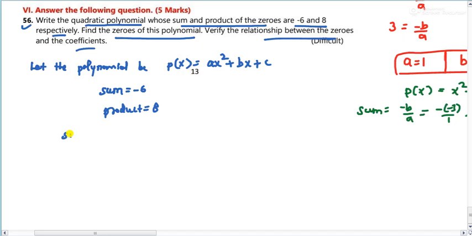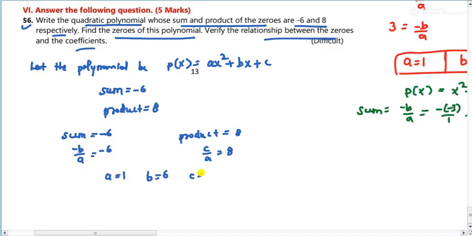We know the formula of sum is minus b by a, which is minus 6. And the formula of product is c by a, which is 8. So as per this data, a is 1, b is 6 and c is 8. So our polynomial is x square plus 6x plus 8. Any doubt?